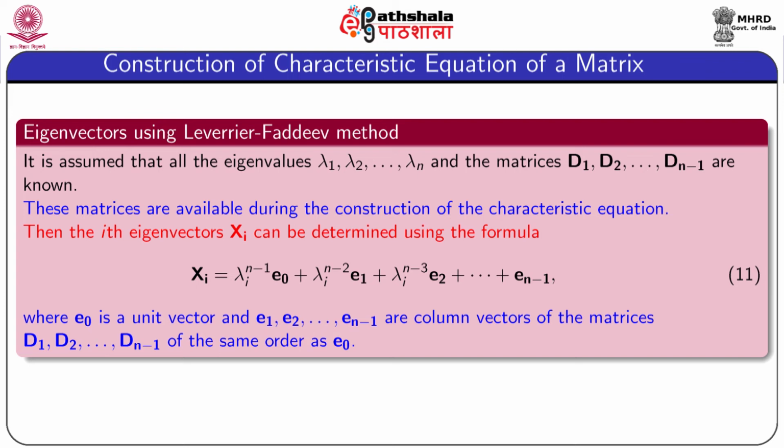The column vector E0 may be taken as the unit vector, and E1, E2 up to E(n-1) are the column vectors of the matrices D1, D2 up to D(n-1), of the same order as E0. So, this is the formula to choose the column vectors E1 to E(n-1).